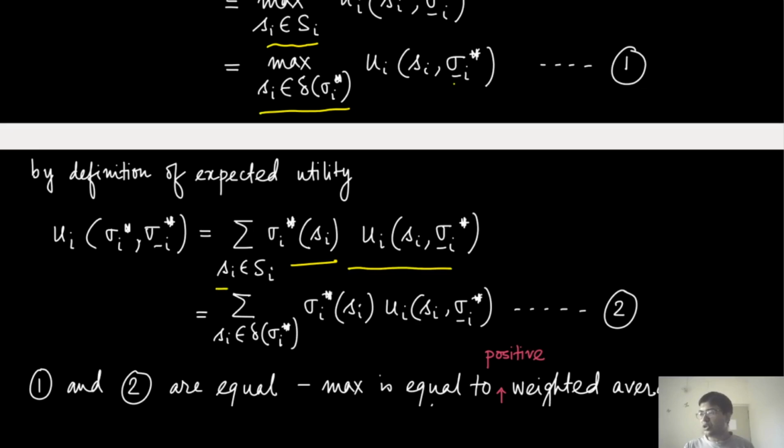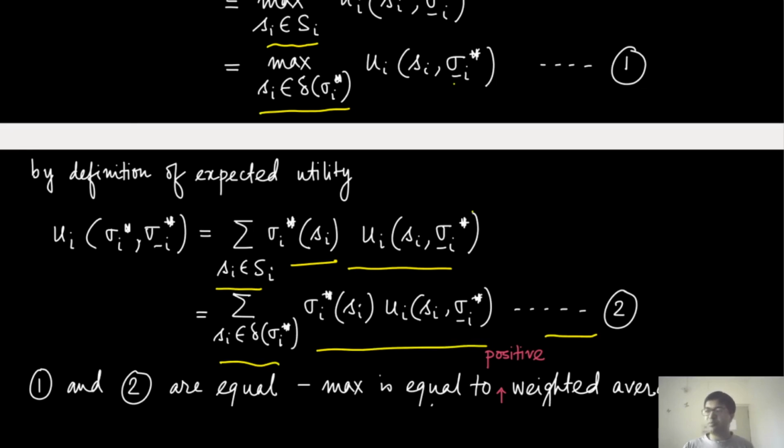Currently we are writing it for all strategies, but we know that for the strategies which are outside the support of sigma I star, sigma I star of SI for that strategy will be equal to 0. So we can just remove those values and write only for the strategies that are in the support. Now this is becoming another expression. Now we have 1 and 2, which are essentially the same.